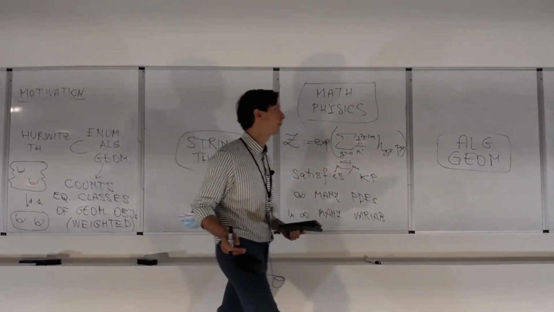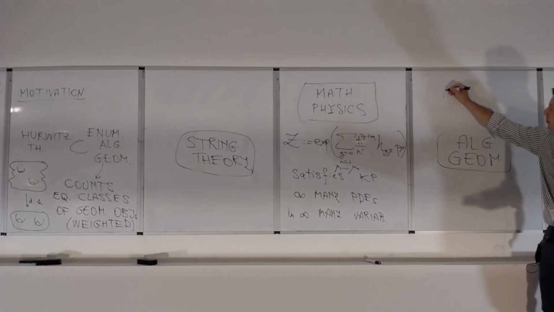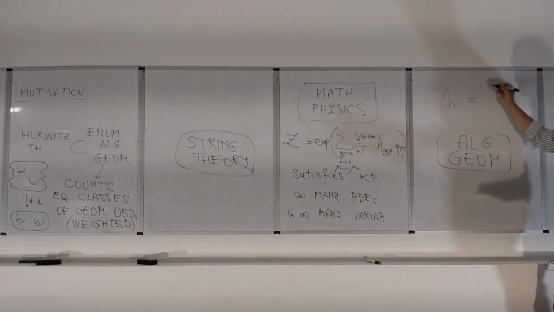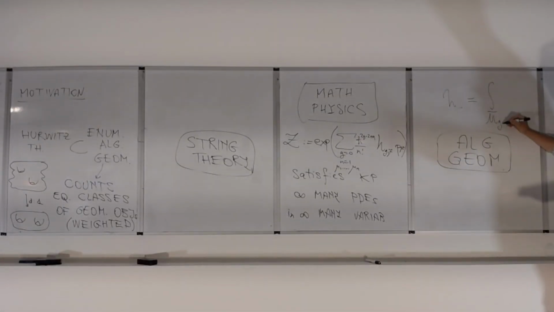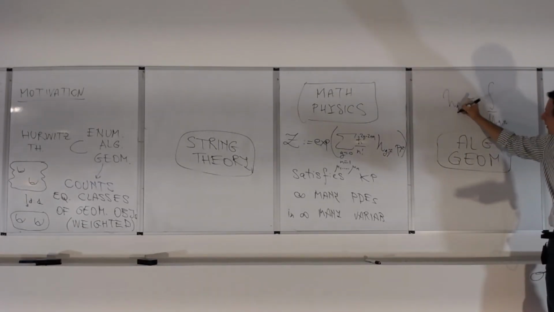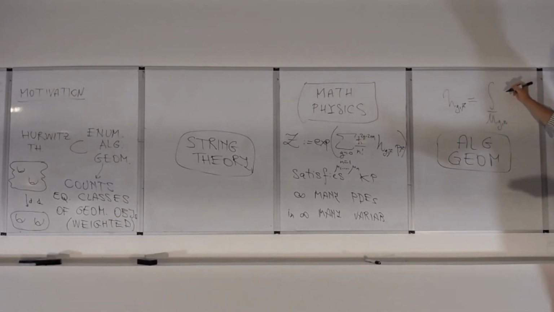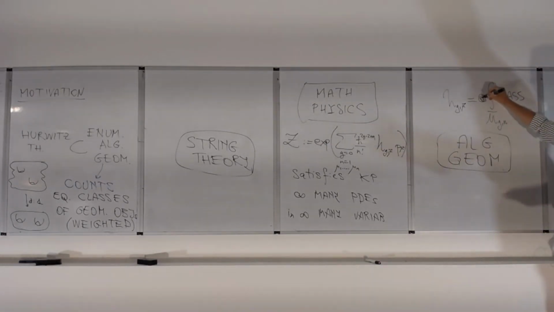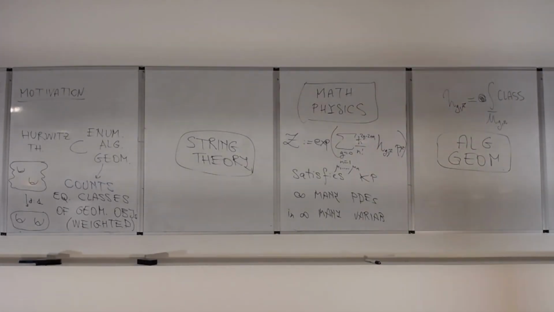From the point of view of algebraic geometry, instead, it is interesting because these numbers h that depend on several parameters are equal to the integral over the moduli space of curves. So let me put some actual g and then nu. And here you'll have some class. And here you'll have some prefactor. It doesn't matter. I don't want to write the details because that's exactly the opposite of what I'm saying.